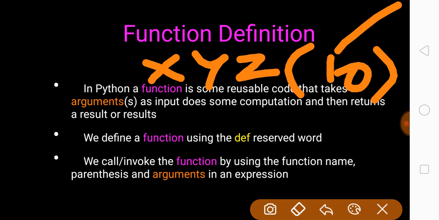Whatever value we give to the function is known as an argument to the function. We can define a function with or without arguments based on our problem or our program. Some functions do not require any parameter, some require multiple parameters, and some require a single parameter. So on the basis of the requirement of the function, we can give the parameters.